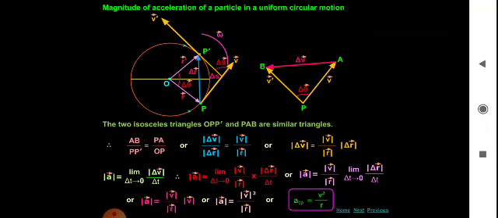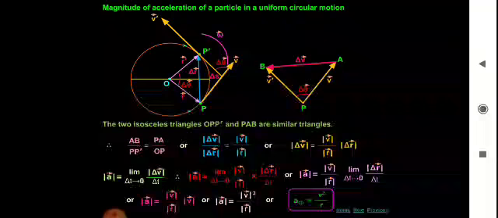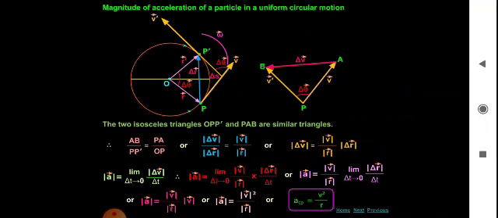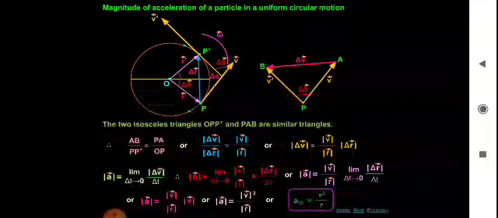Now let us consider the two isosceles triangles OPP dash and PAB are similar triangles. So here, for similar triangles, AB divided by PP dash is equal to PA divided by OP.